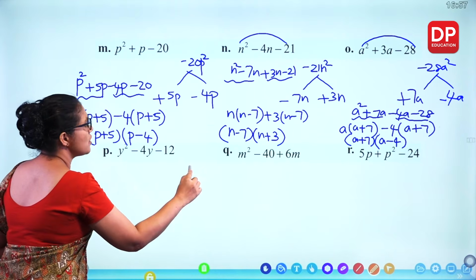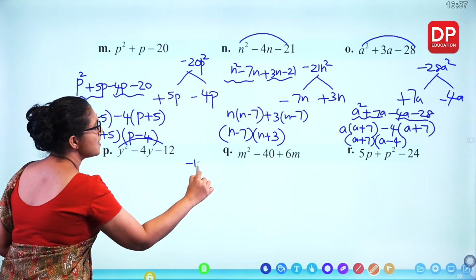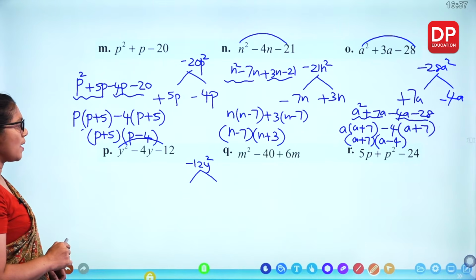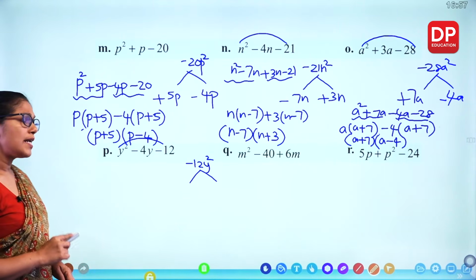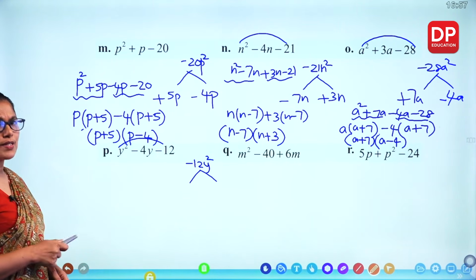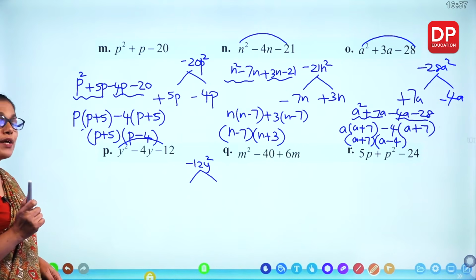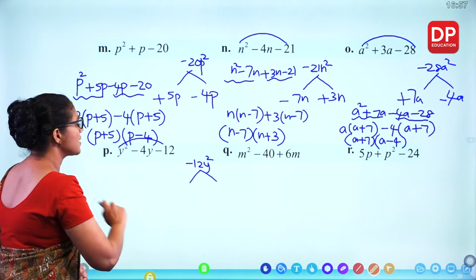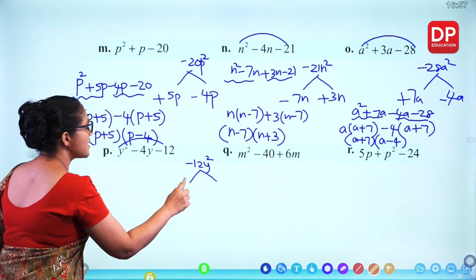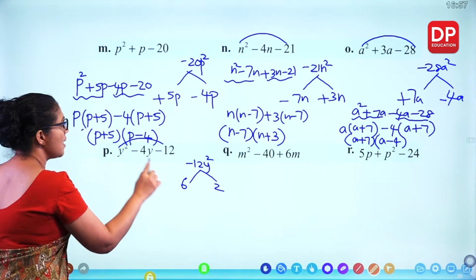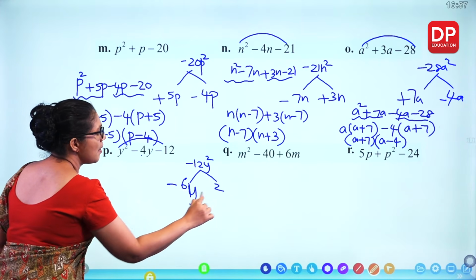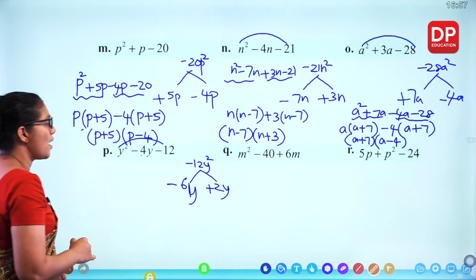So here when you multiply these two, you get minus 12y squared. What are the factors of minus 12? But the middle term is minus 4. One should be positive, one should be negative. The bigger number should be negative. So what are the factors? I can write 6 and 2, but minus 6 and plus 2y.